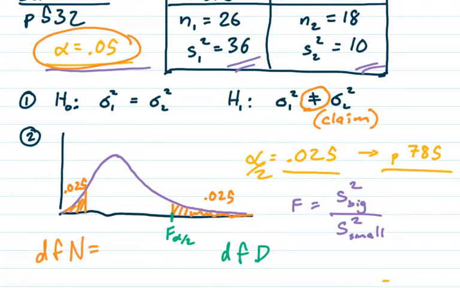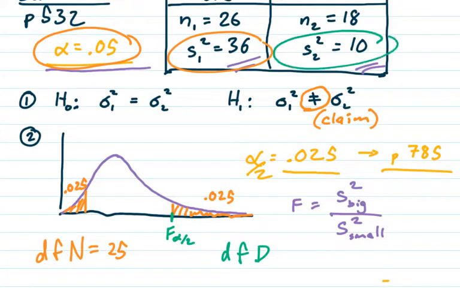So for the numerator, that's going to be the bigger variance. That means its degrees of freedom are 25. We have the n for that is 26, subtract 1 gives us 25. And then for the smaller variance, that's going to be our denominator, and that is going to be a degrees of freedom for the denominator of 17.